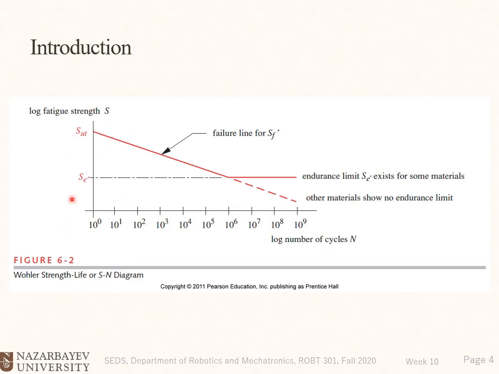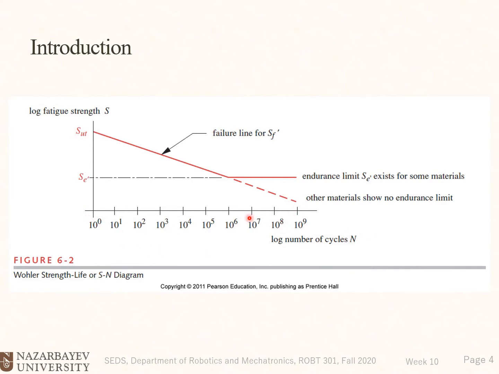But quickly, we could see that here we have fatigue strength, S, and here we have the number of cycles. It's the number of cycles that our part goes through.